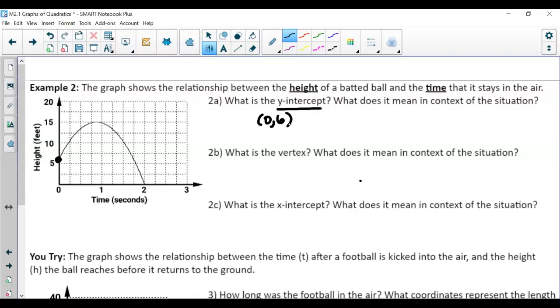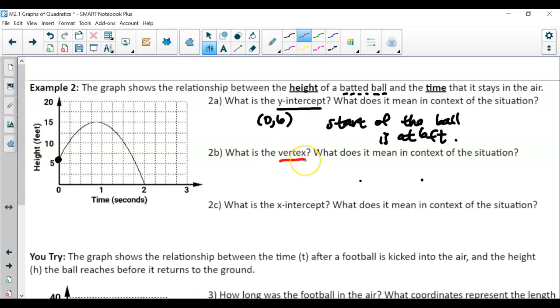Like what I was just talking about, if this is a batted ball, like a baseball player is up at bat and they hit the ball, well, does it start at the ground? No. This is saying that the ball is starting at 6 feet. So the start of the ball is at 6 feet. That's where it started. That's its starting height.